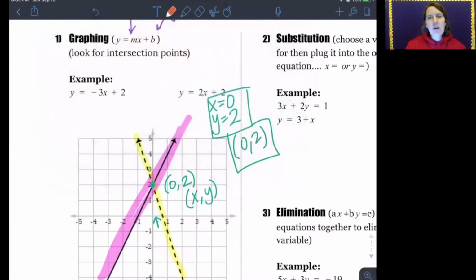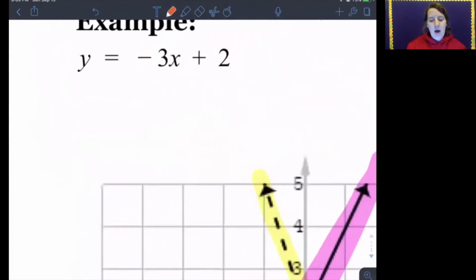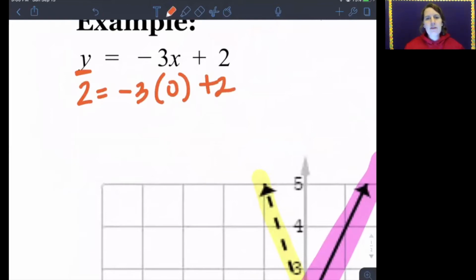Let me show you how I would plug this in to check my answer. I would plug a 2 in for the y, bring down everything else, plug a 0 in for the x, and then solve this out. Negative 3 times 0 is 0. Copy down everything else. 0 plus 2 is 2.